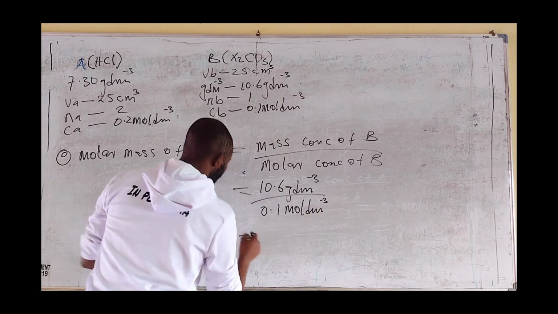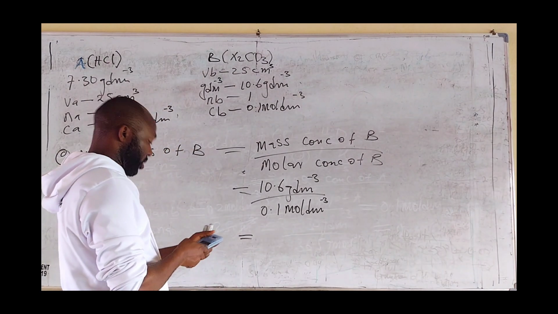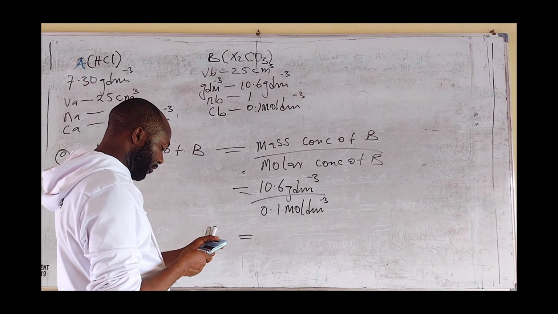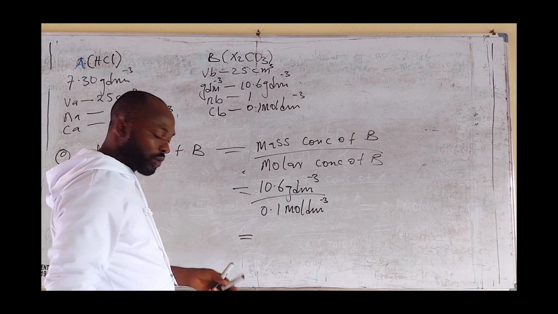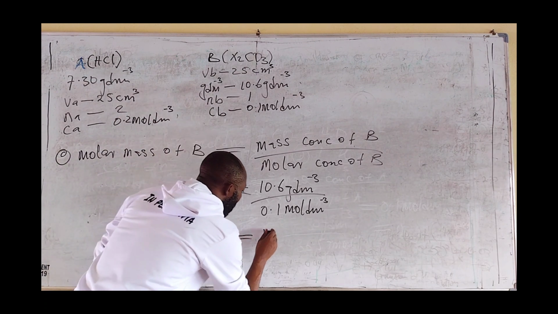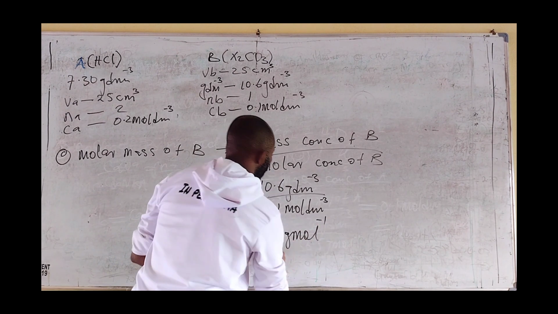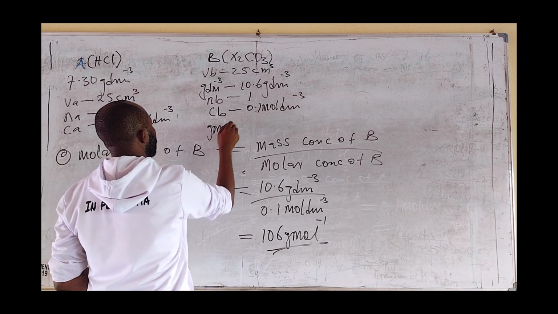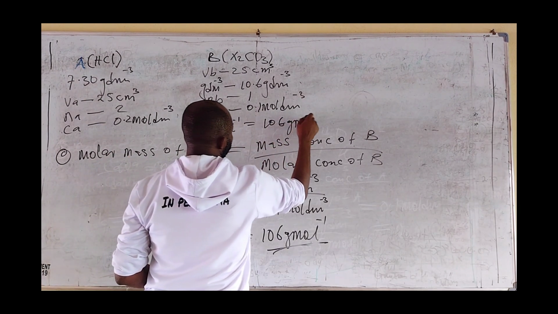And this is equal to 10.6 divided by 0.1 is 106. So this is 106 g/mol. So that is the relative molecular mass in g/mol of the base. 106 g/mol of B.